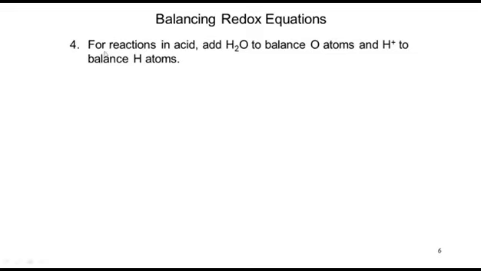And so for reactions in acidic media, we add water to balance oxygen atoms, and we add hydrogen plus to balance hydrogen atoms. How is this realized? If you look at here, yes, the chromium atoms are balanced, but the oxygen are 7 here.